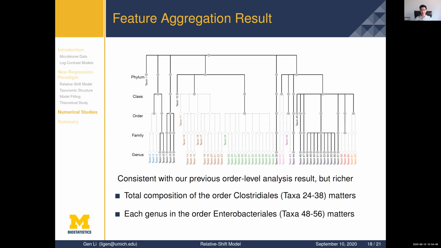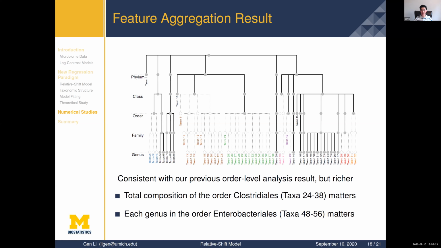This is a demonstration of the regression coefficients that we can get from applying our model. You can say that different taxa are selected at different taxonomic ranks adaptively. Some are aggregated up to the class level, some are aggregated to the order level, and some remain at the genus level. We compare this result with some previous analysis that we conducted on the same data set, but strictly focusing on the order level, and we see consistent results.